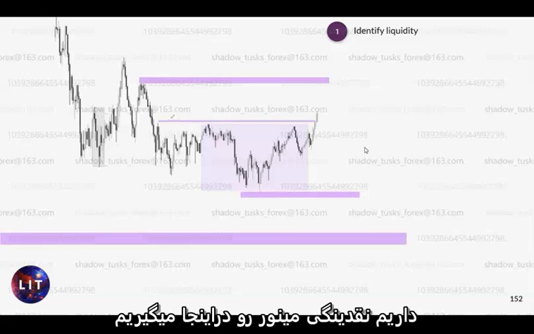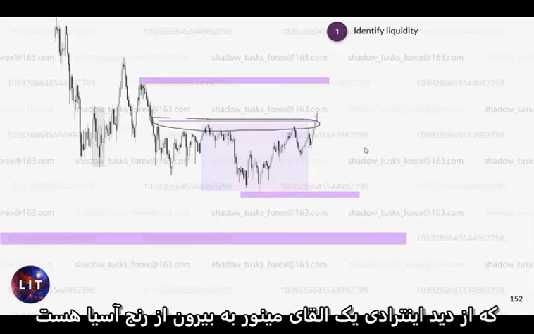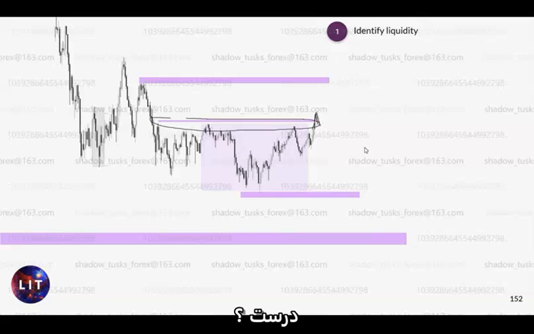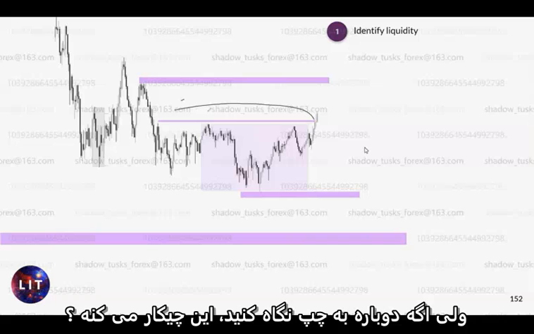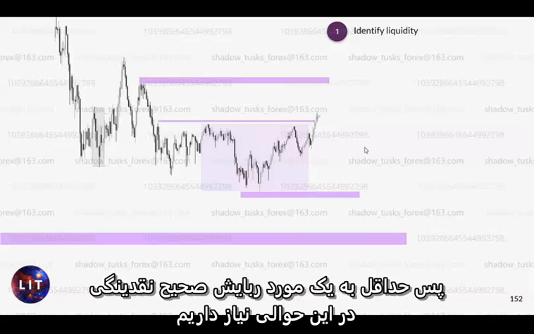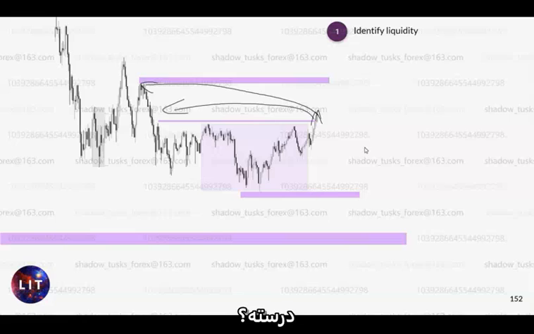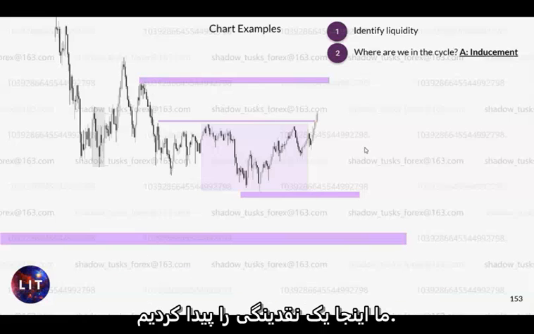We're already grabbing these minor liquidities, which in the intraday aspect is a minor inducement out of Asia range, right? But if you look to the left again, what does this induce or do? Nothing, right? So we need at least a proper liquidity grab about here. So that's what we're doing. We cover the liquidity here.